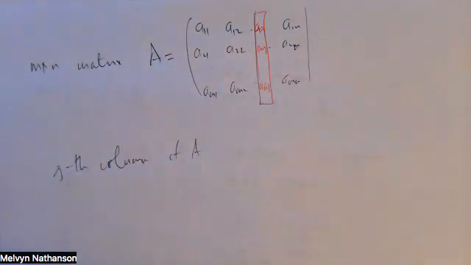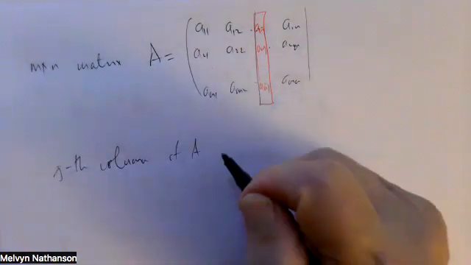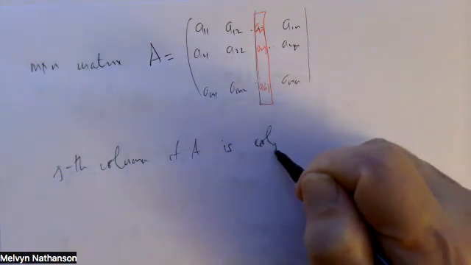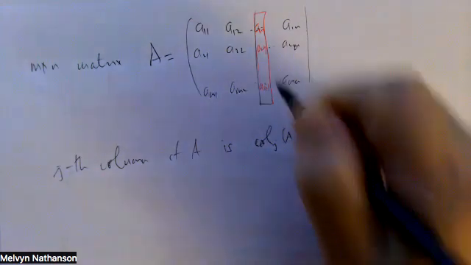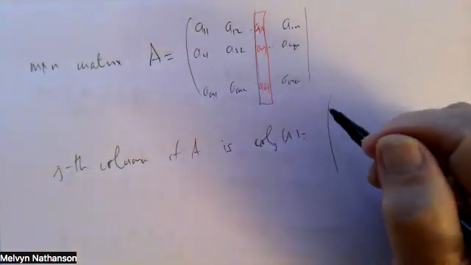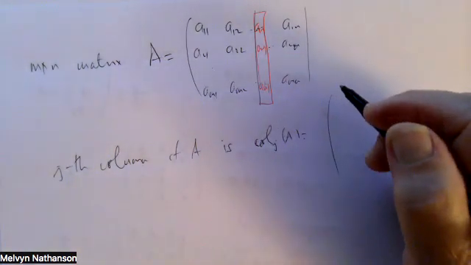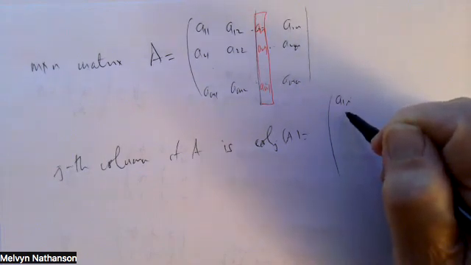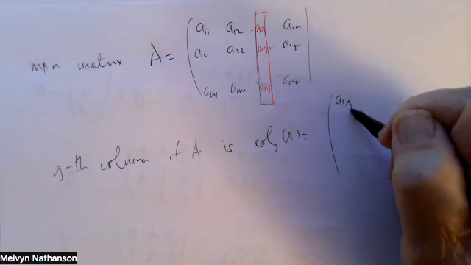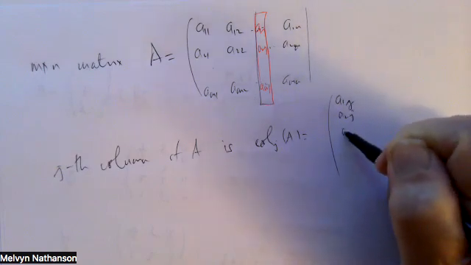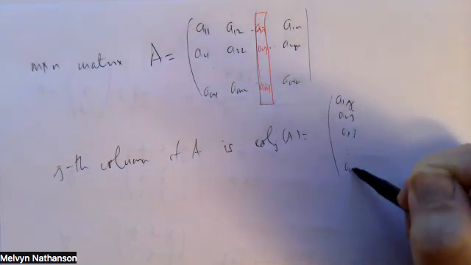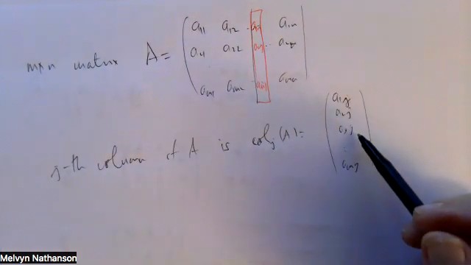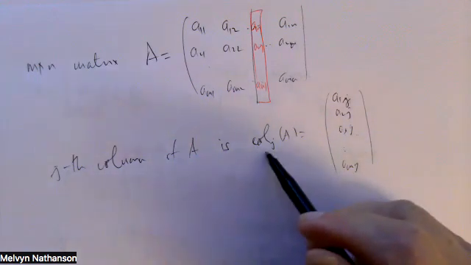So the jth column of this matrix A, let's write it as column sub j of A. It's just this m-dimensional column vector, A1j, A2j, A3j, down to Amj. In each row, you're taking the coordinate in the jth column. That's the jth column of A.